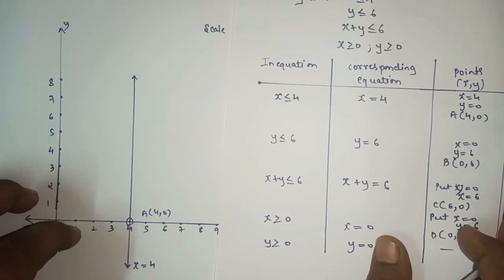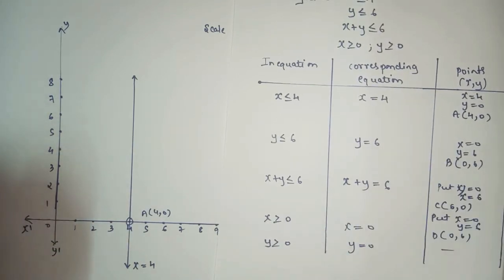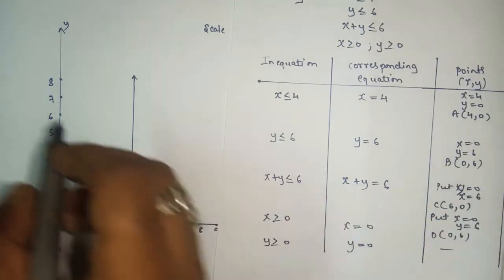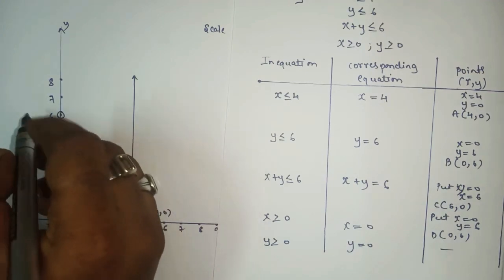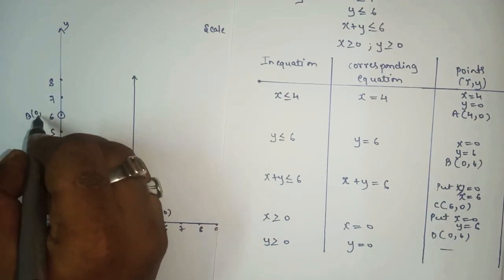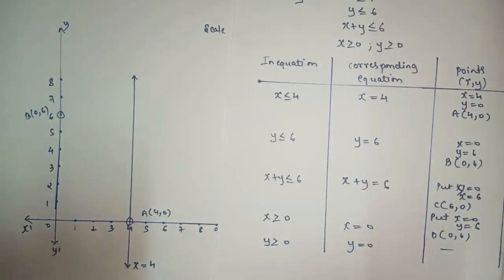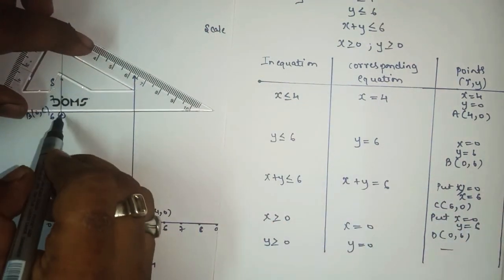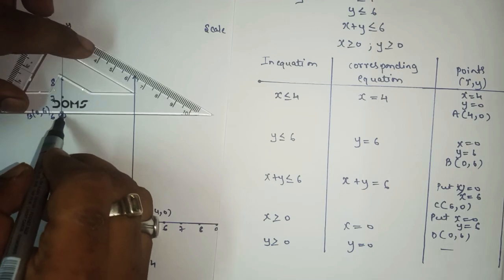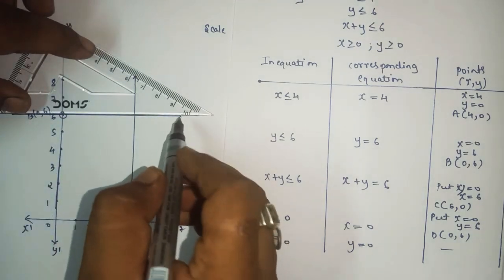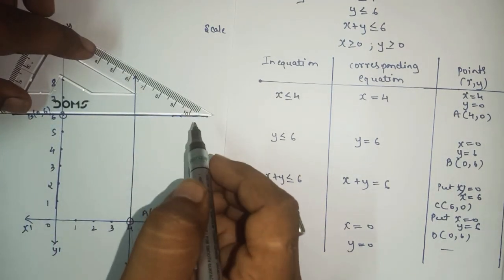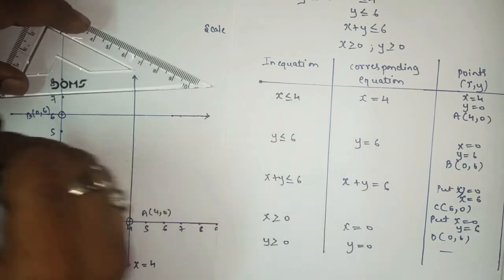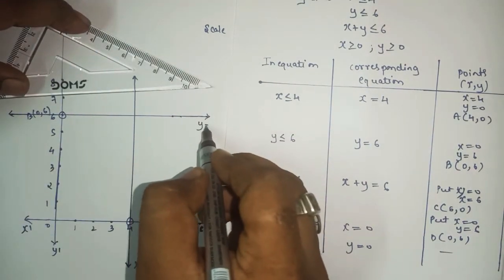Okay, what is the next one? y equals 6, that means 0 comma 6. B is 0 comma 6, as here we have the linear equation in one variable, so it will pass through y. Yes or no? It will pass through y, but it will be parallel to the x axis.